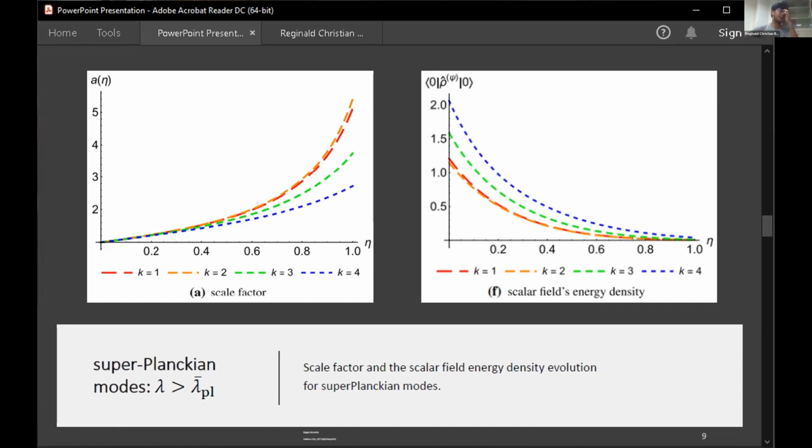And I have the Hubble function in extra slides, showing that the Hubble function is actually approaching a constant, and then they're going to lower values. But if you want to see that, we can talk about that later. The energy density of the scalar is dropping due to the inflationary expansion, despite the particles being created out of the vacuum.